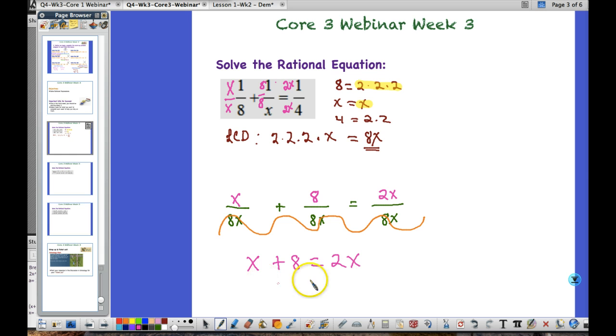So sometimes you might have a quadratic up here, like we just had, and you have to solve it that way. Or it may just look like this. And if it looks like this, I would subtract x from both sides, like this. And I would get 8 equal to 2 minus 1 is just 1x, or 8. So our solution is x equals 8.